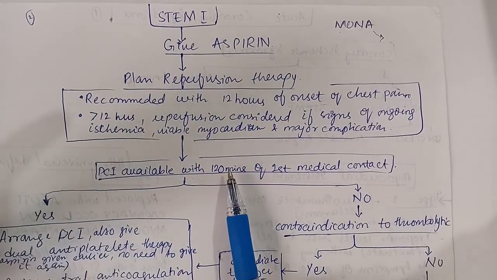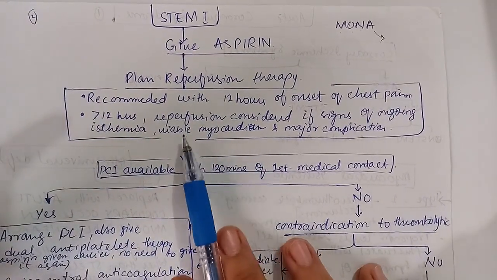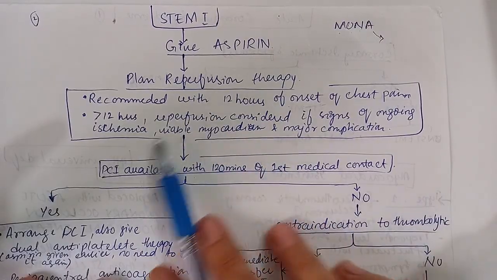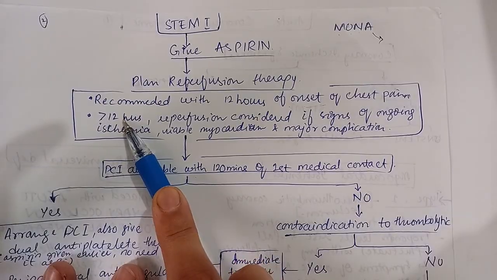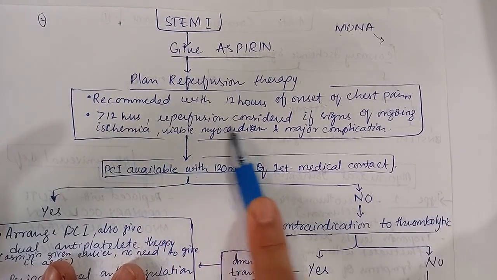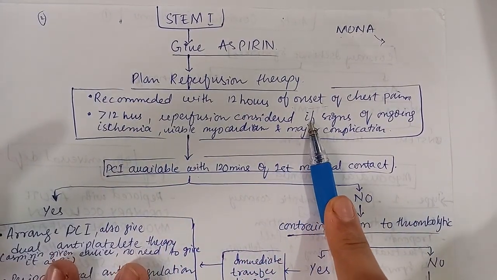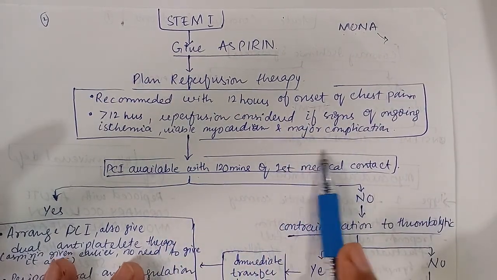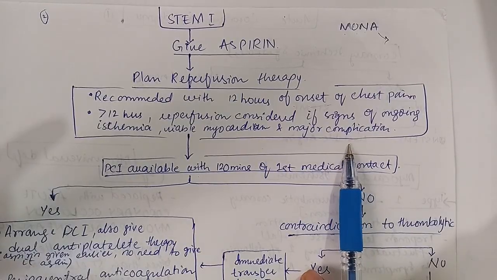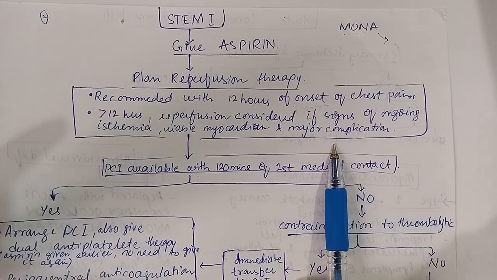But before that, we have to check the timeline, because reperfusion therapy is recommended within 12 hours of the onset of chest pain, and if more than 12 hours have elapsed, then reperfusion is only considered if there are signs of ongoing ischemia, viable myocardium, or major complications, and the patient is not stable.